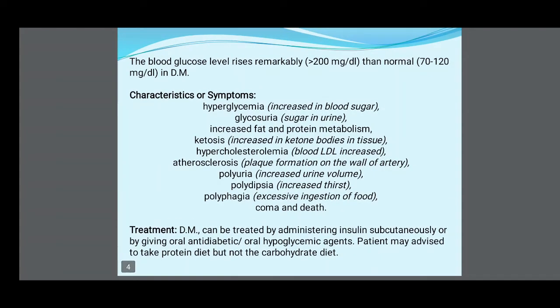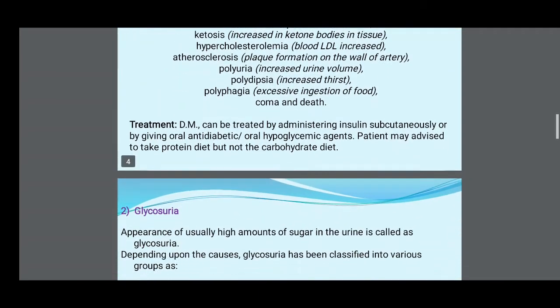Treatment: diabetes mellitus can be treated by administering insulin subcutaneously or by giving oral antidiabetic or oral hypoglycemic agents. Patient may be advised to take a protein diet but not a carbohydrate diet.